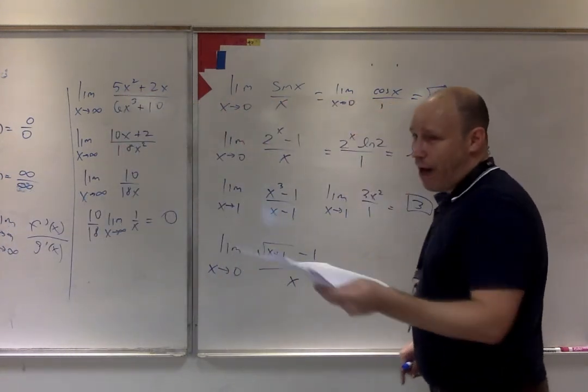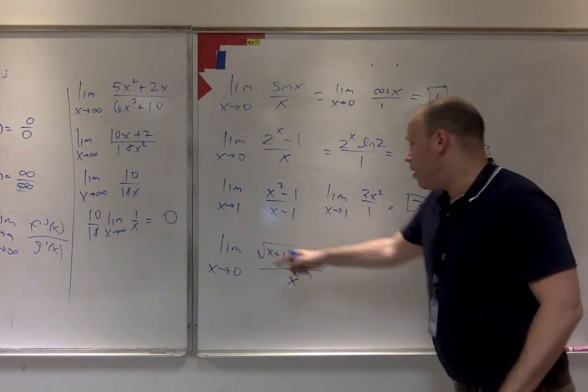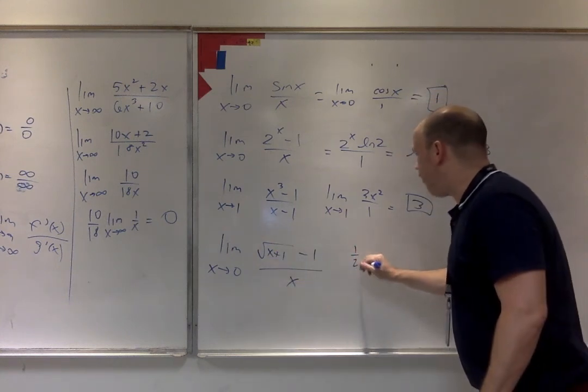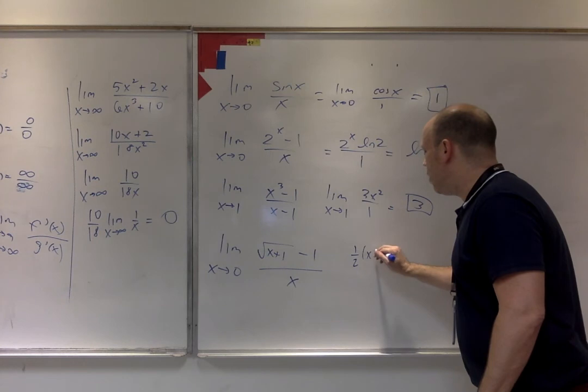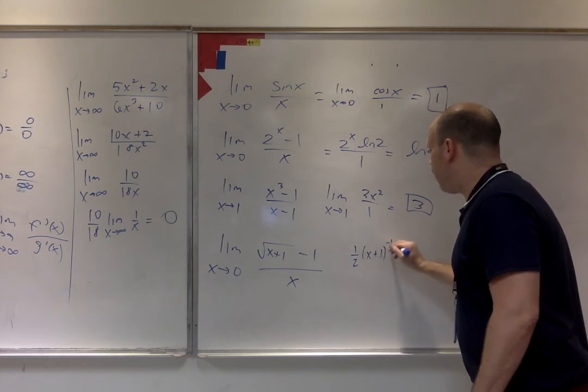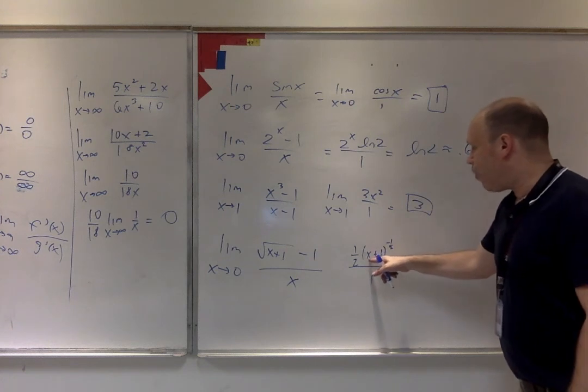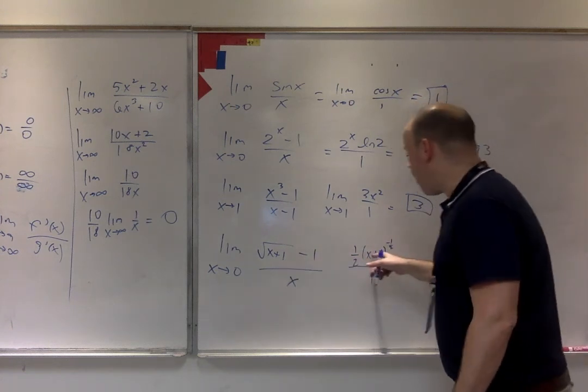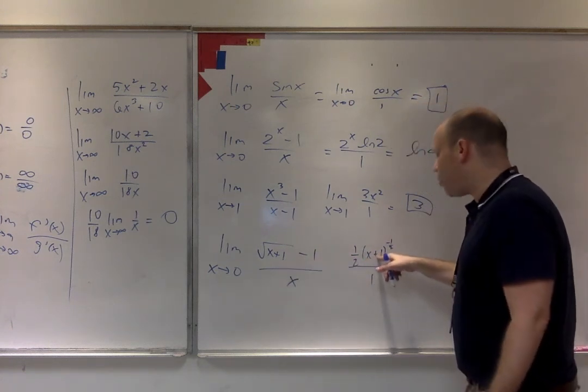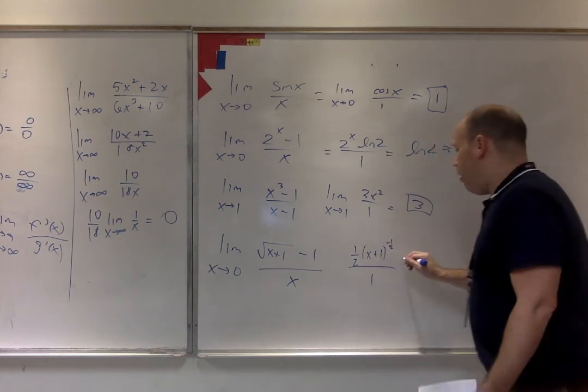The answer was a half. Well, do we get that? Let's see. This is 1/2 times x plus 1 to the negative 1/2 over 1. Plug the 0 in, 0 plus 1, and 1 to any power is 1.